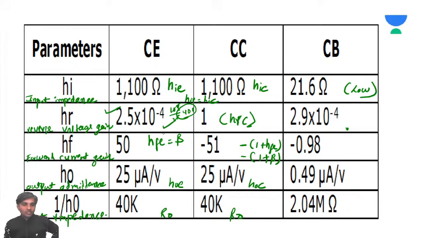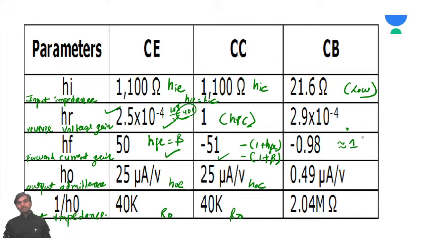A good voltage gain is available, and good current gain is also available. But for common collector, voltage gain is unity, but current gain is existing. If you look at common base, it is almost unity.